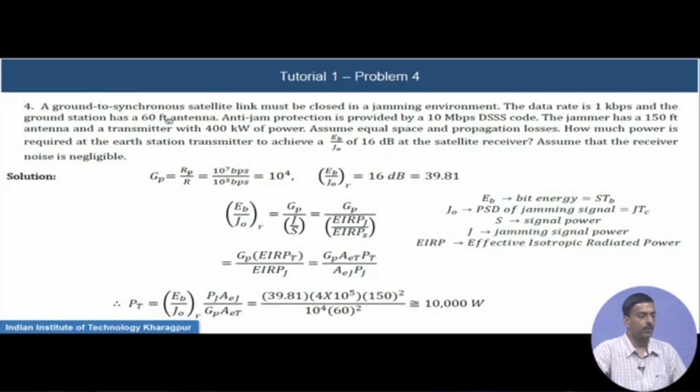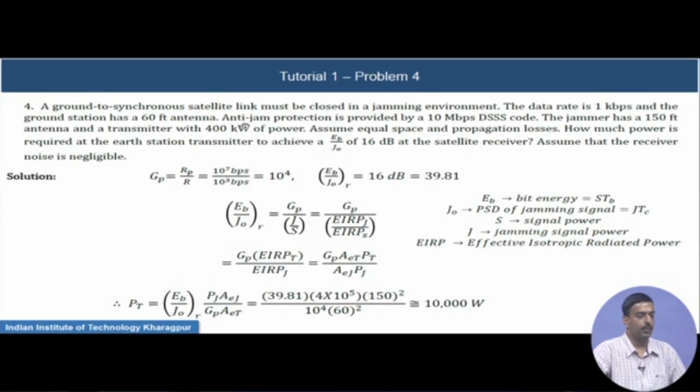In problem number 4, we have a ground to synchronous satellite link which we need to establish in the presence of a jammer, and we have a data rate of 1 kilobit per second. Also, the antenna dimension of this particular ground station is specified as 60 feet.